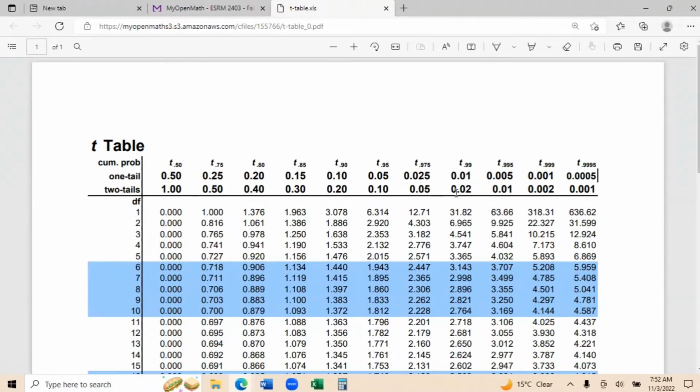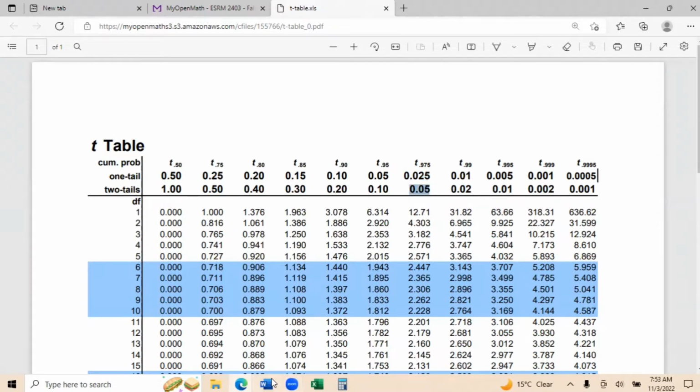Here we have 0.02, 0.01, sorry. So this is what it should be. We divided alpha by 2, so we have 0.025. So under one tail is where you're going to look, because you divided alpha by 2. The whole of alpha is two tail, which would have been 0.05.